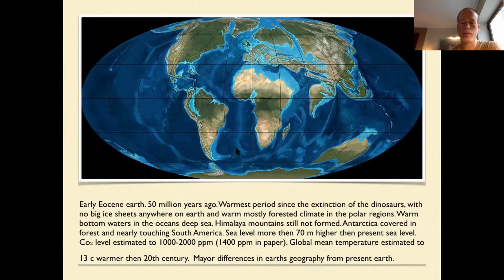CO2 levels in the Eocene are estimated to be 1,000 to 2,000 ppm. In the papers, they say it was around 1,400 ppm. And global mean temperatures were estimated to be around 14 degrees warmer than the present. So you can see it was very different.